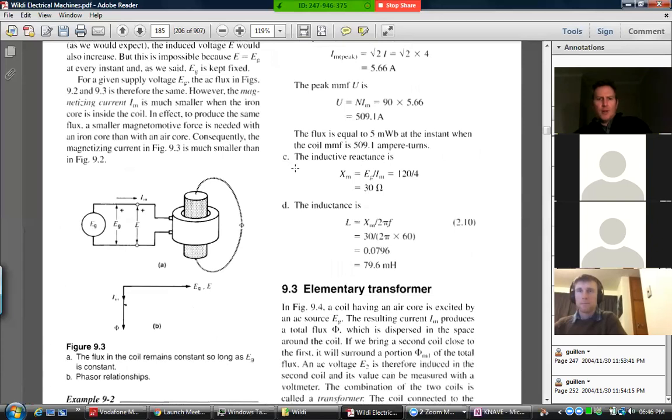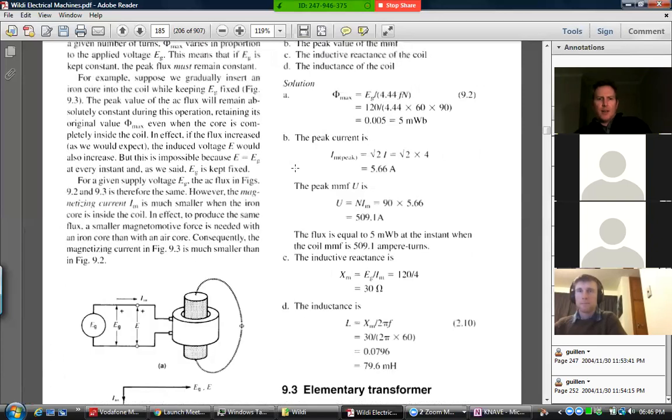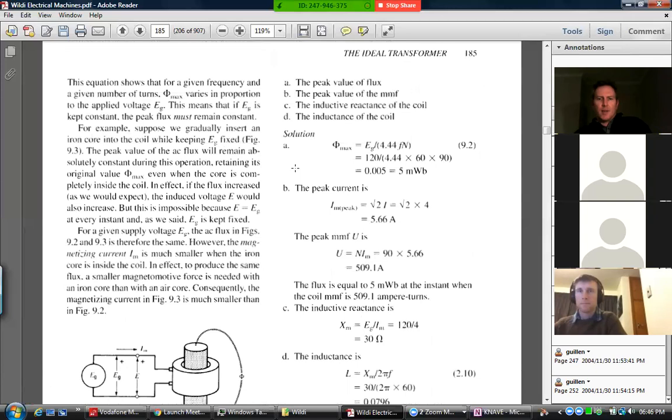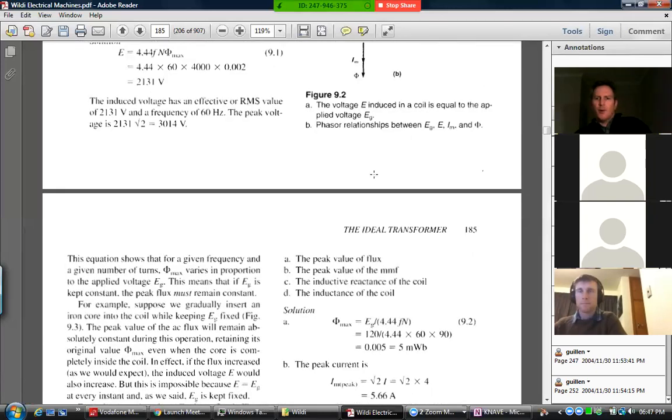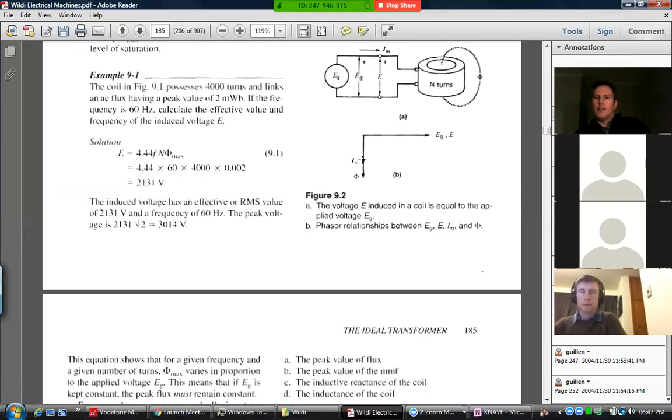Right, so the better the transformer, effectively, the less current you need to create a nice big flux.